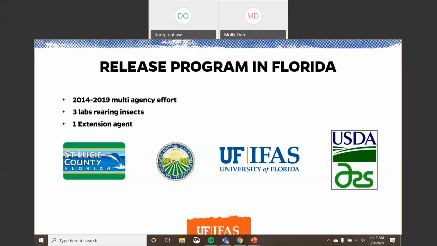This was a huge coordinated effort, and I think we've done a phenomenal job getting these beetles out on the landscape. The multi-agency effort actually did end in 2019. The Florida Department of Agriculture and Consumer Services has taken the torch and is carrying that into 2020. All right, next.